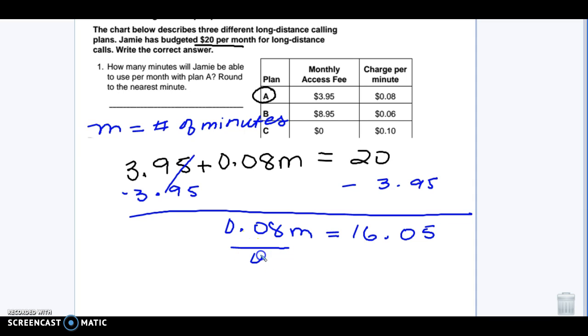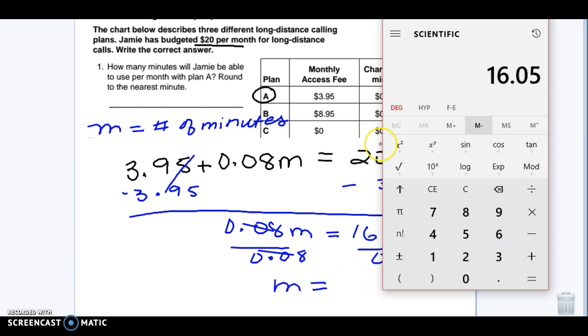We divide by 0.08, because it's 8 cents per minute. And we get M is 200.